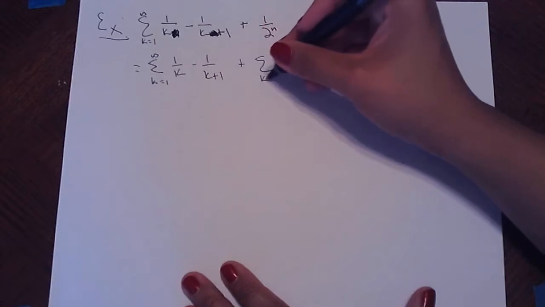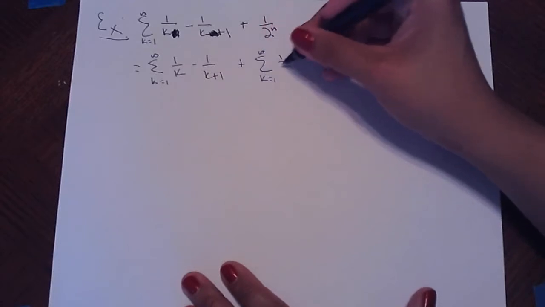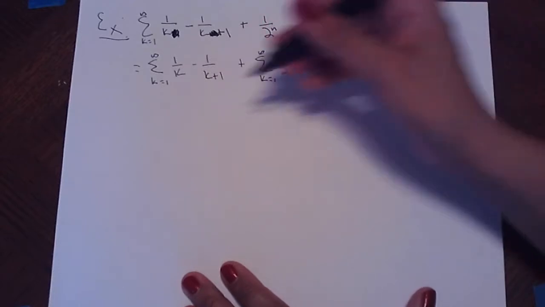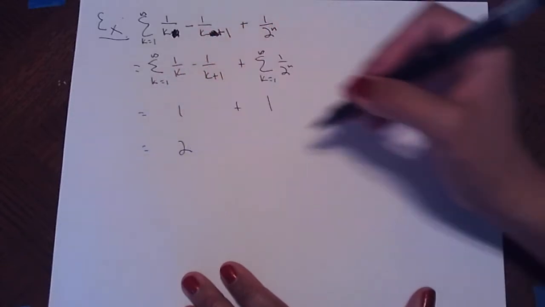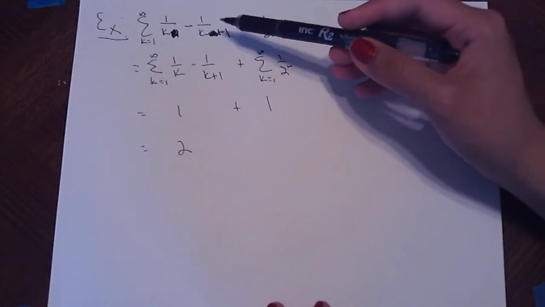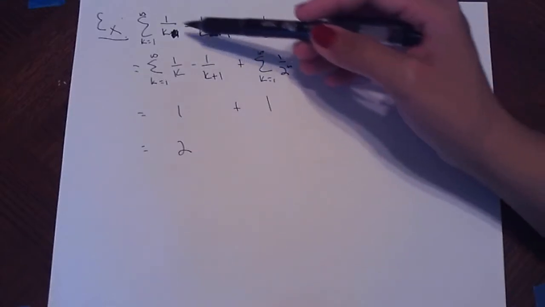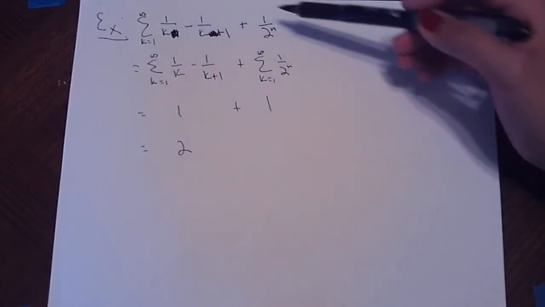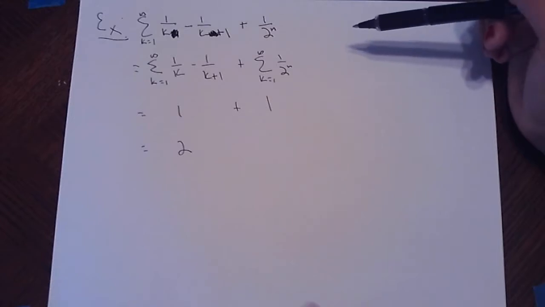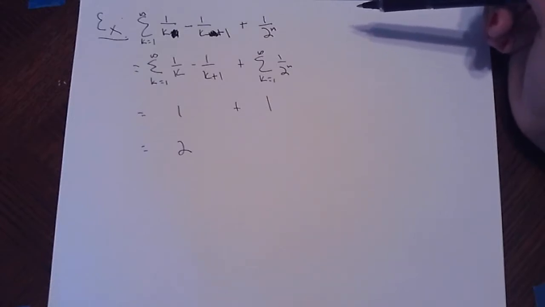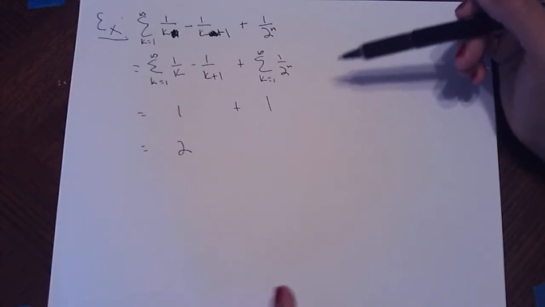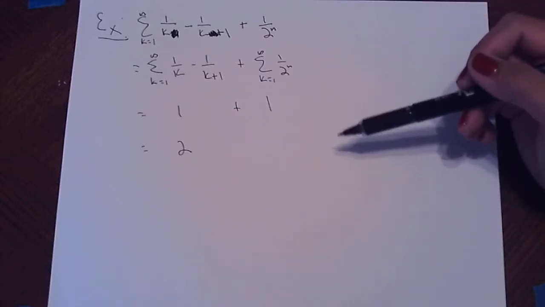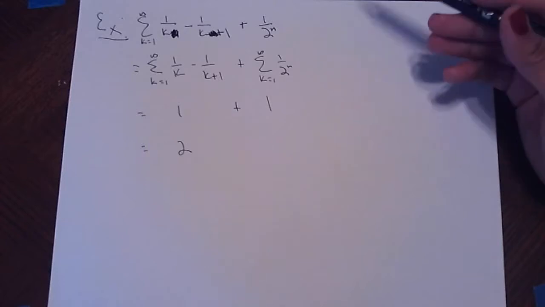So I've got my two series together here, and I know that this comes out to 1 and this comes out to 1. So all in all, rather than having to write out S1 is 1 minus a half, plus what happens when I plug in 2, I don't have to do this from scratch again. I already did the work. I'm going to be lazy and look at my old work, and we can save ourselves a lot of time and not have to do this all over from scratch.